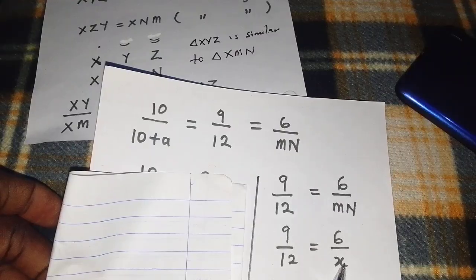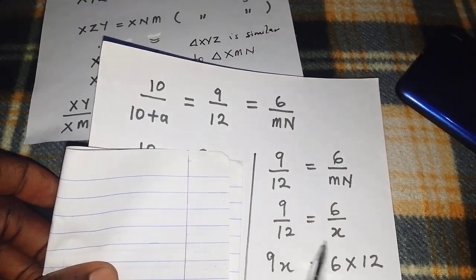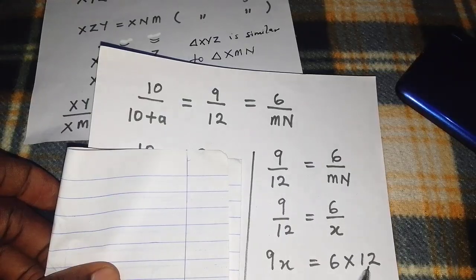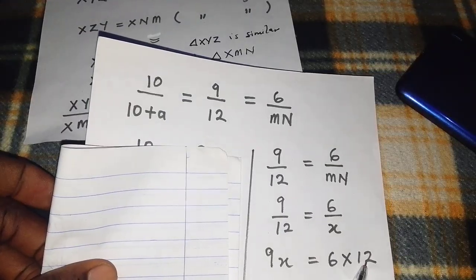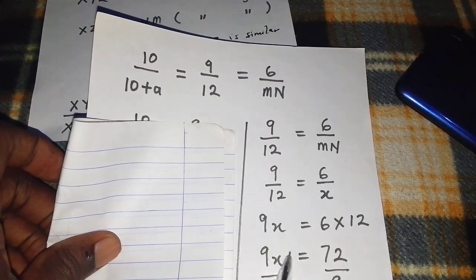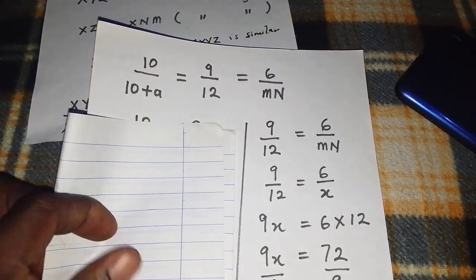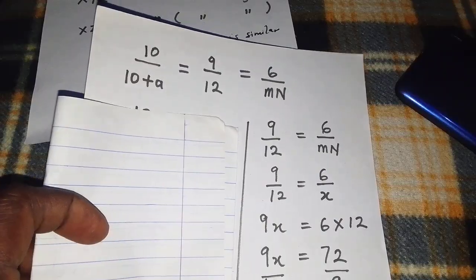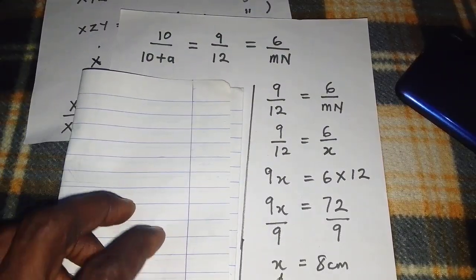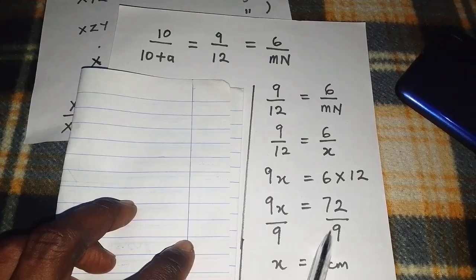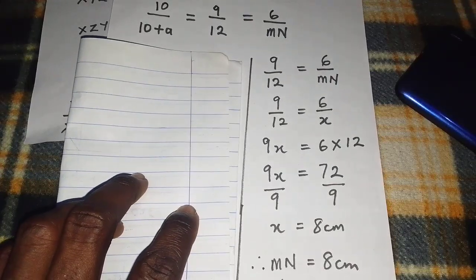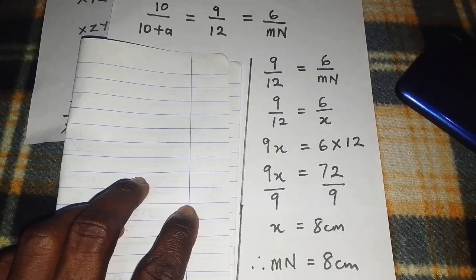From here you cross multiply. 9 times x is 9x, equal to 6 times 12, which is 72. So 9x is equal to 72. To get x, divide both sides by the coefficient of x, which is 9. 72 divided by 9 is 8 centimeter. So your MN is equal to 8 centimeter.